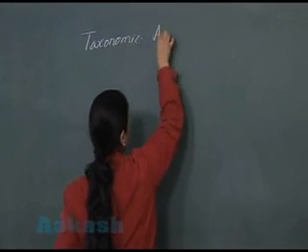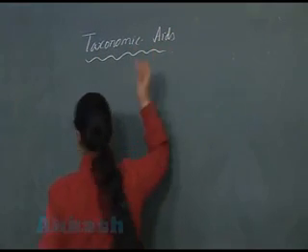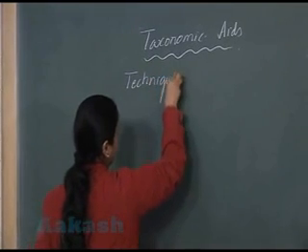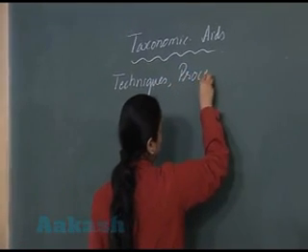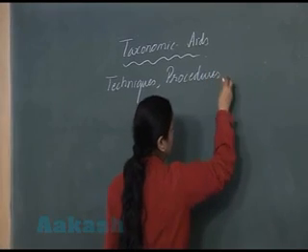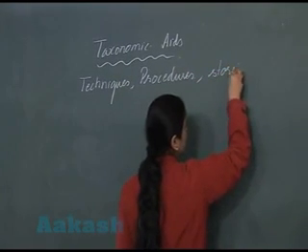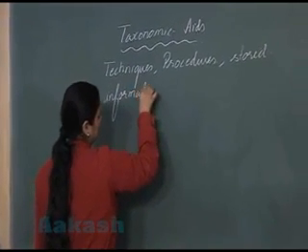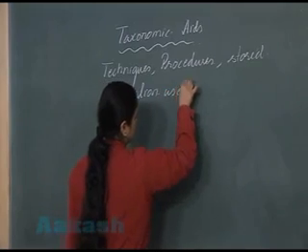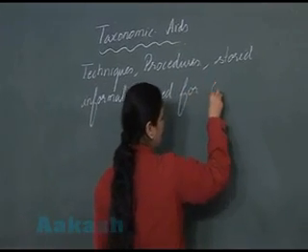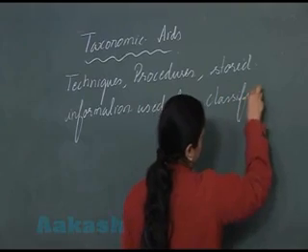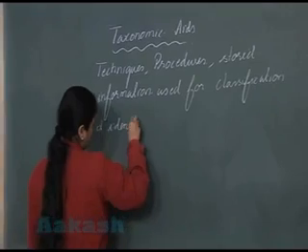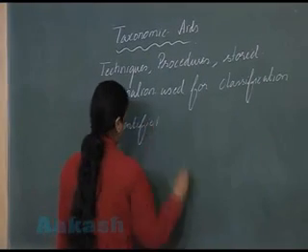Taxonomic aids, they are techniques, procedures as well as stored information used for classification and identification of organisms.